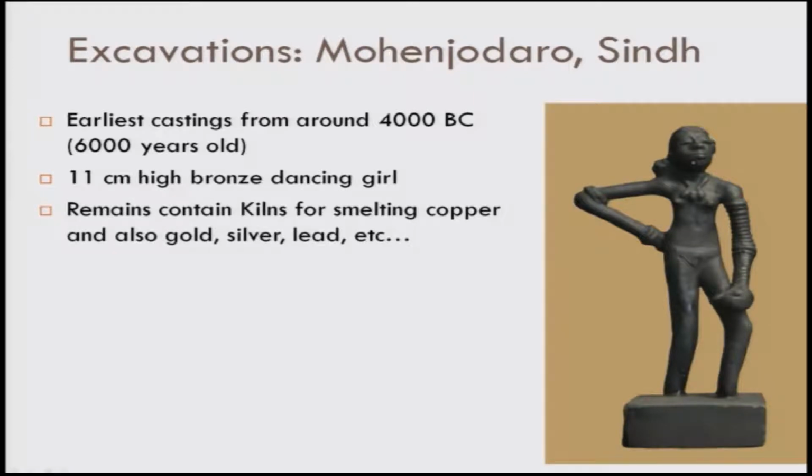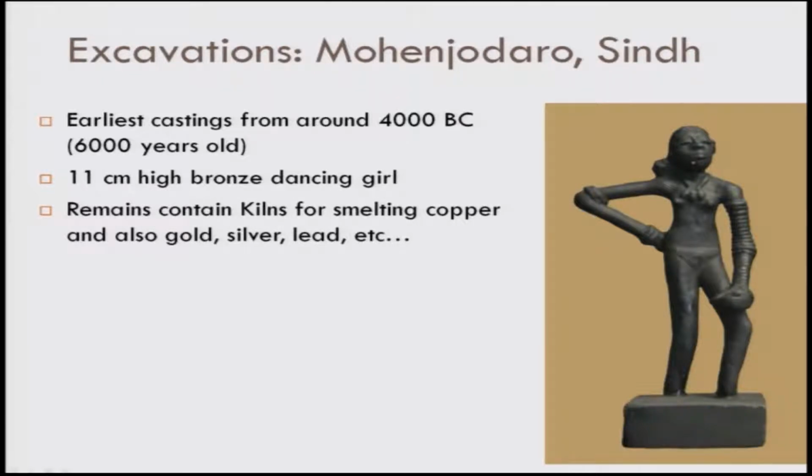And besides this artifact, there were several kilns identified in excavation sites of the Indus Valley civilization, Mohenjo-daro and Mehergarh and other places, and also other parts of the country later on, of course.